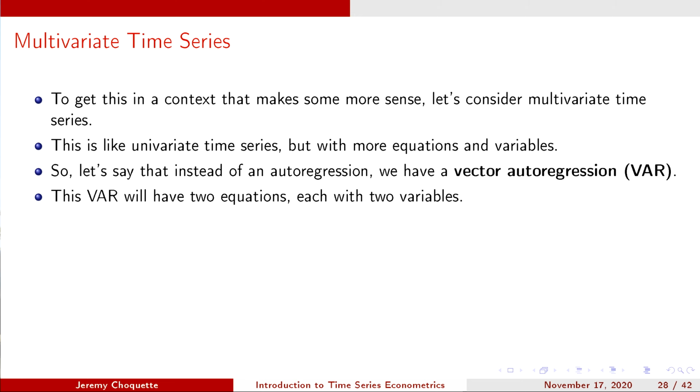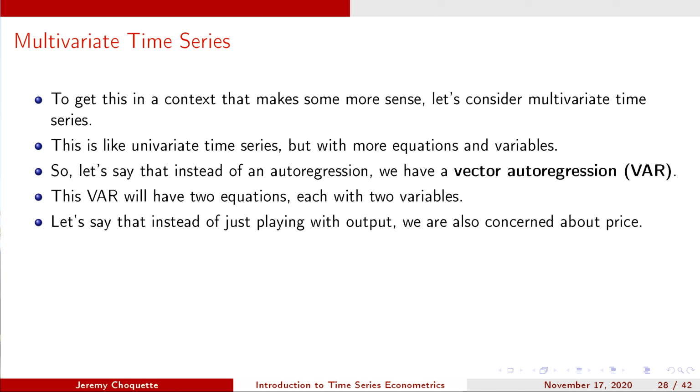Let's say I want two equations with two variables. Now you can have n equations with n variables as long as you have enough data to estimate it, giving you a sufficient number of degrees of freedom. But that's getting a little further into the metrics than I want to get. If you are familiar with econometrics, I just wanted to get that out there just in case you were asking questions.